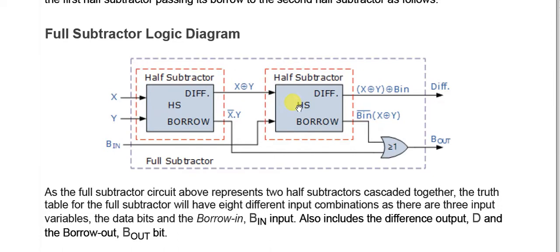This is the output, which is the difference D, and this is the borrow out, which is B in complement into the X exclusive OR Y. This is X exclusive OR Y, again X exclusive OR B in. So this X exclusive OR Y and B in.